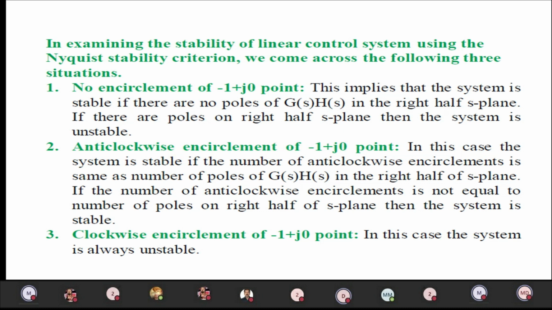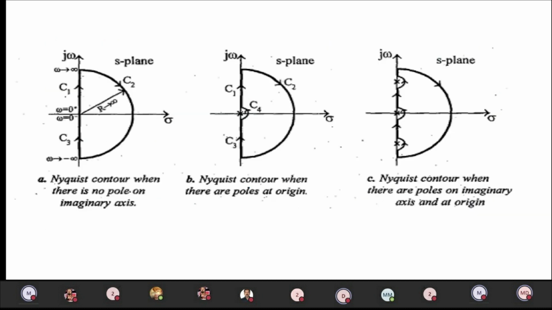The third contour will be C3, which is just a mirror image of C1. Therefore, its omega value varies from minus infinity to minus 0. So these are the three contours available if there is no pole at the origin. Now you can see the diagram also.